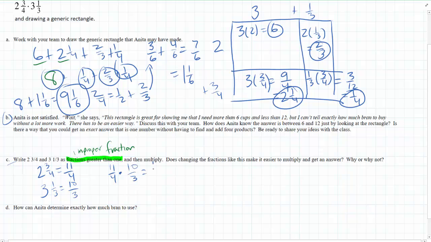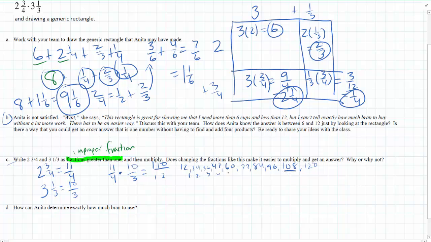11 times 10 is 110. 4 times 3 is 12. Okay, let's see how many times 12 goes in 110. Well, there's 12, 24, 36, 48, 60, 72, 84, 96, 108, and then 120. So this would make it 9 times.